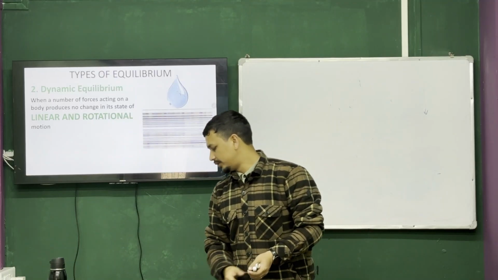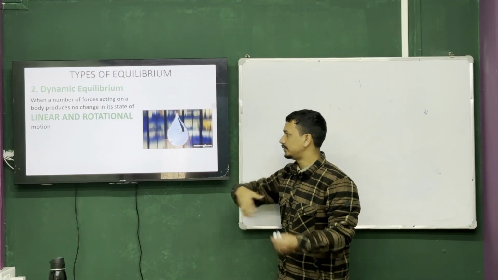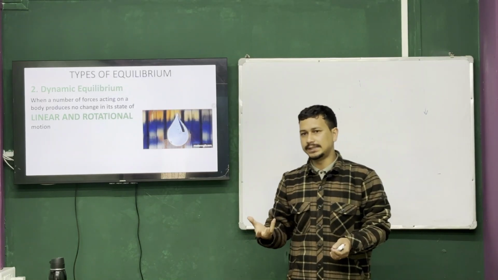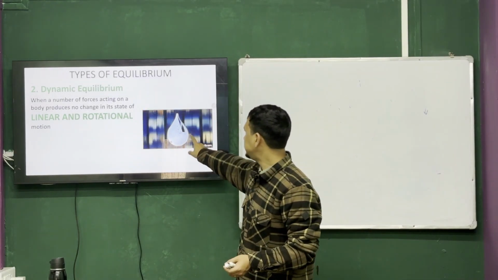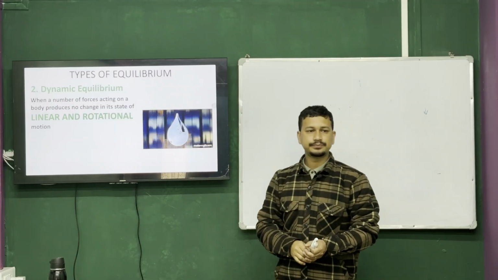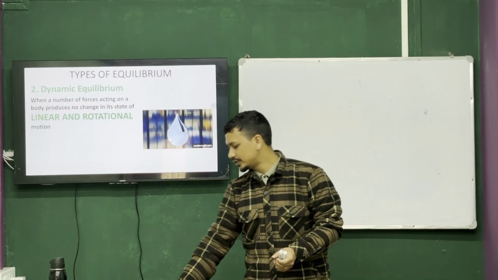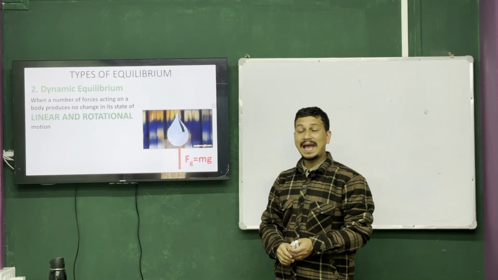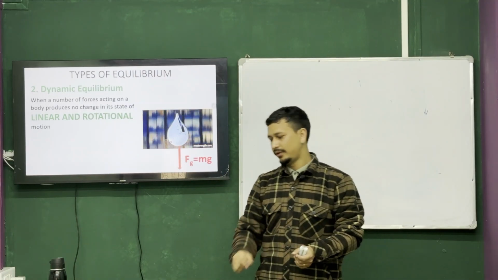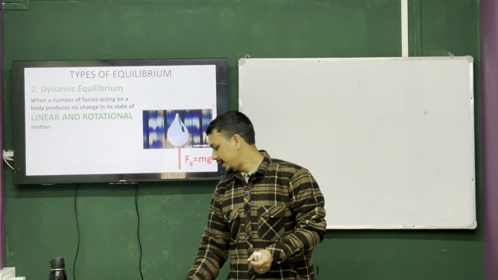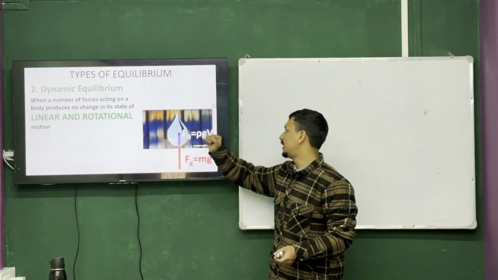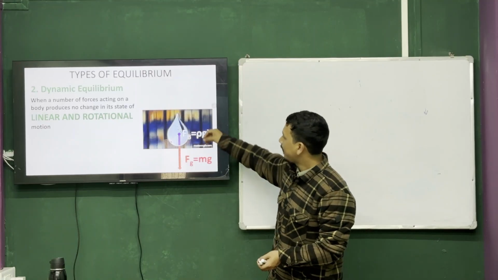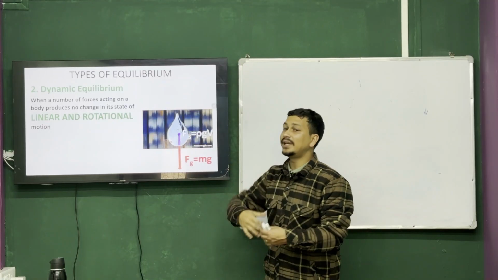Let's say the raindrop is falling. As it initially falls, its velocity keeps on increasing. What are the forces acting on the raindrop? Obviously gravitational force, because there must be a force that is pulling it downward, and very good, buoyant force from the air, which will be in the upward direction, given by rho g v. That detail is not important, but this buoyant force is a variable force.